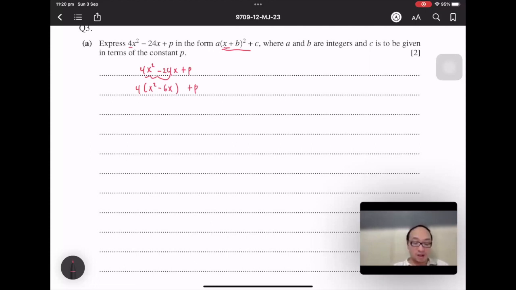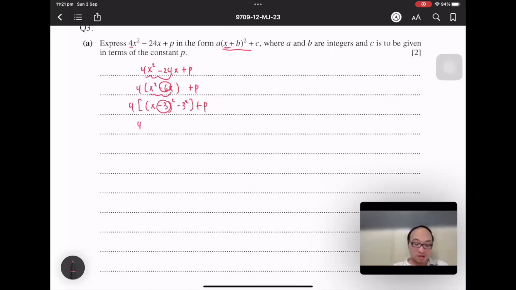And then we do the completing the square for this term. So it's 4, the others are the same. And for this it will become (x minus 3) squared, because this is 6, so we divide by 2, and x, so it becomes 3, minus 3 squared.